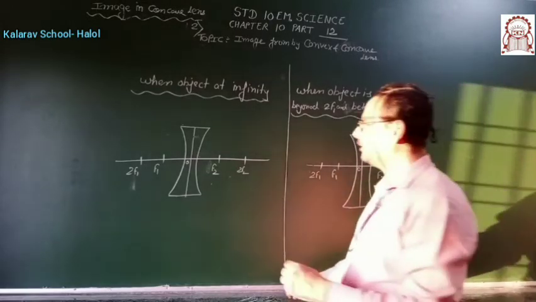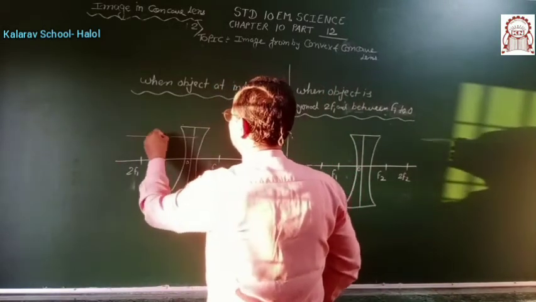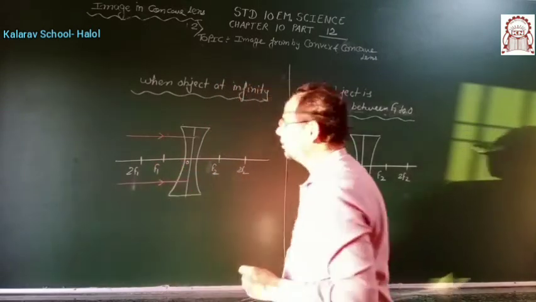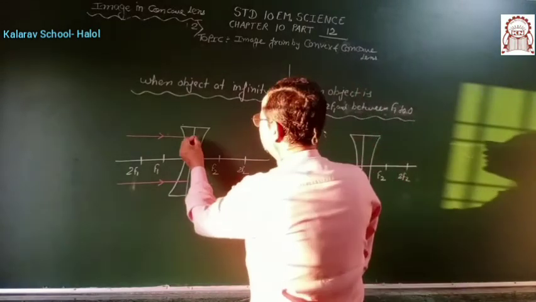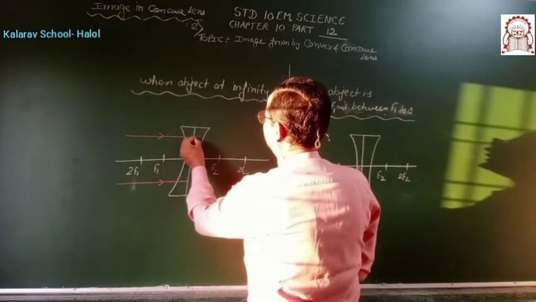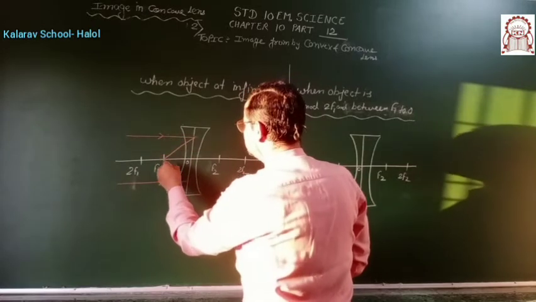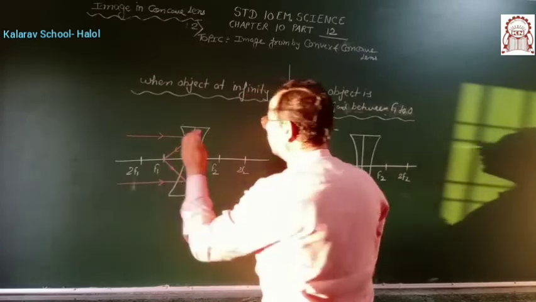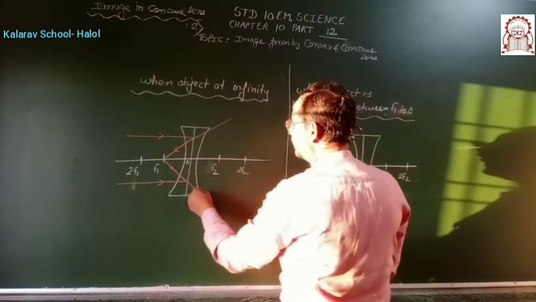Okay, now see, if the object is at infinity, definitely here also the rays will come parallel. Actually it is divergent, but when you extend it backwards, it will seem to appear to come from the focus.